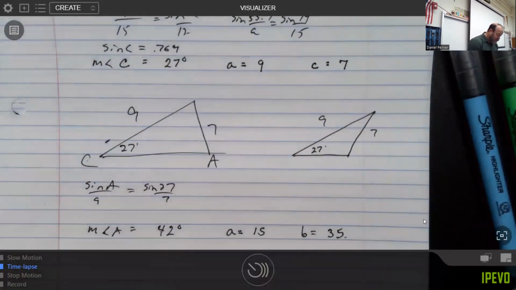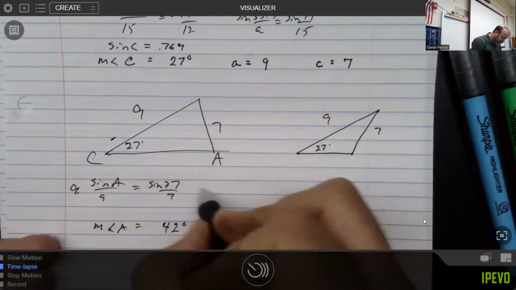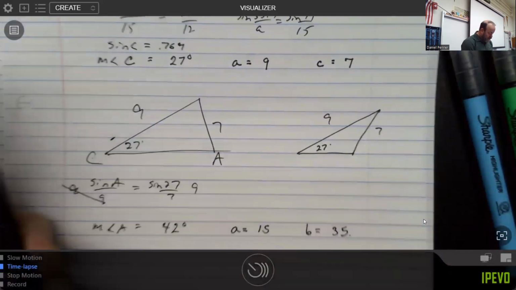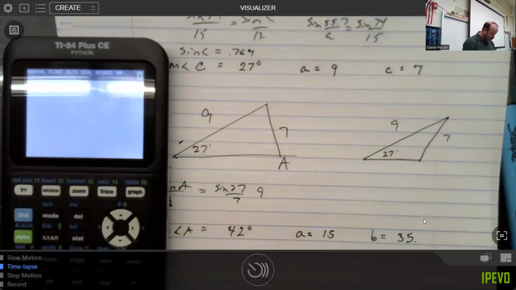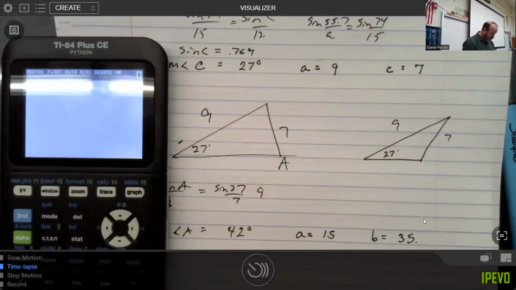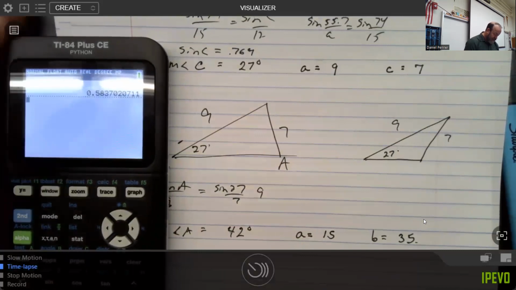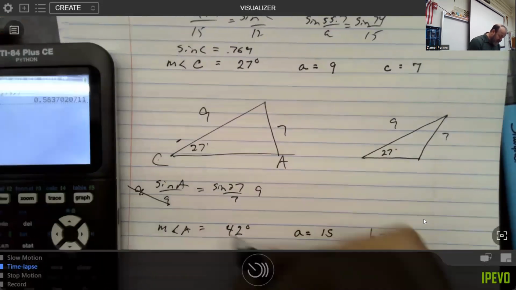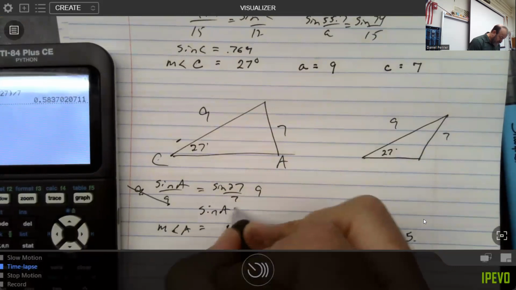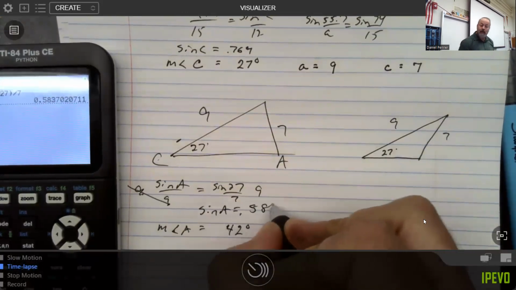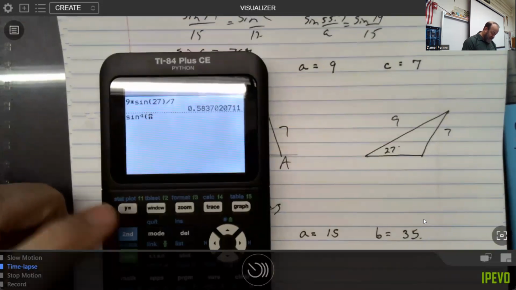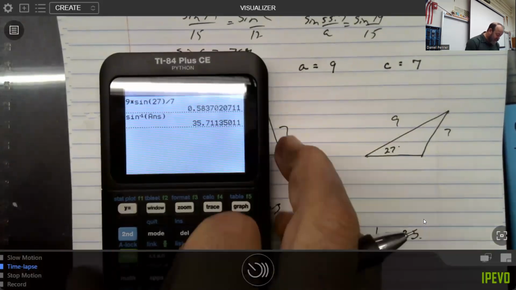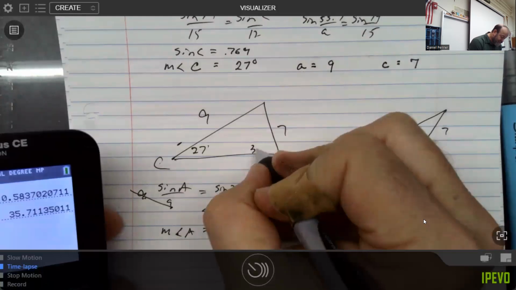We're going to go ahead and multiply both sides by 9. And here we go. We're going to take 9 times the sine of 27 divided by 7. And I've got that the sine of A is 0.583. Okay. Now we're going to take the inverse sine of that and find out that that angle is 35.7 degrees.